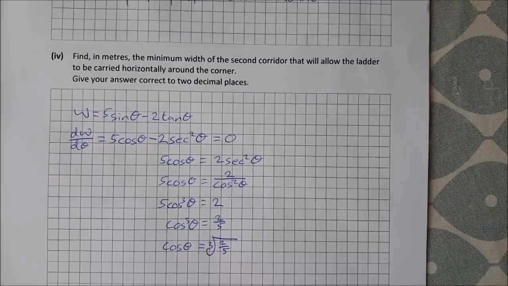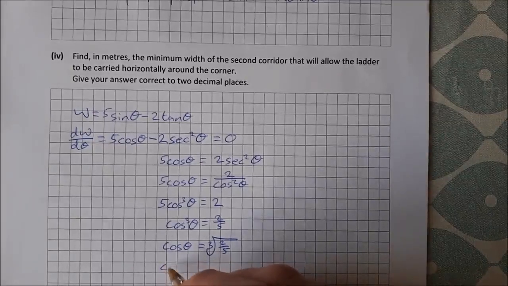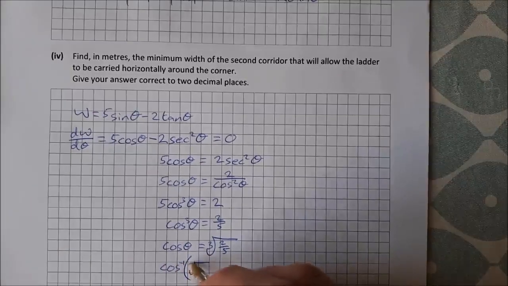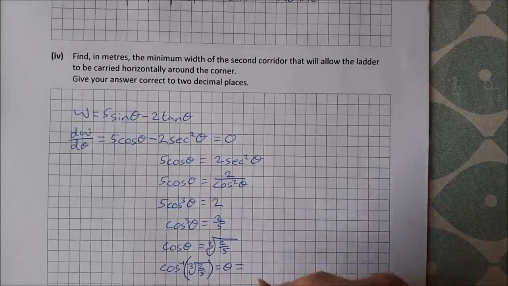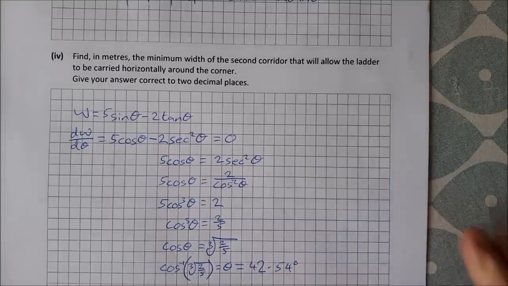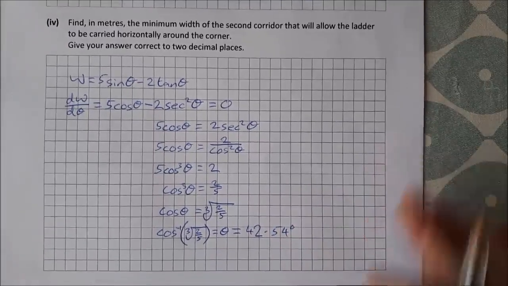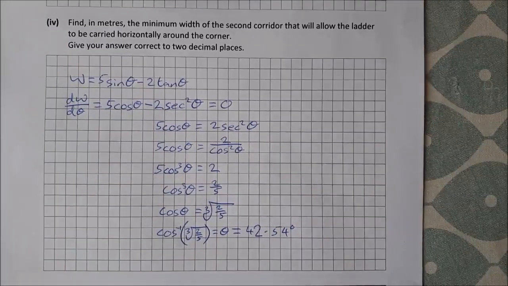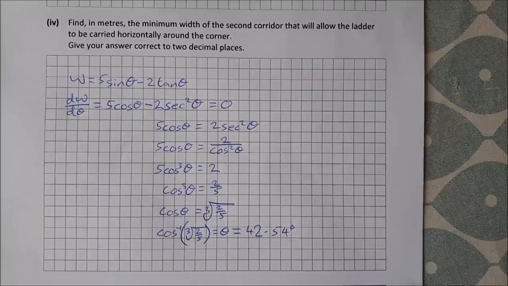And now if I want to find theta, it's the cos inverse of the cubed root of 2 over 5 is equal to theta. So if you type that into your calculator, you get 42.54 degrees. So my angle is 42.54 degrees. So how wide is my corridor?